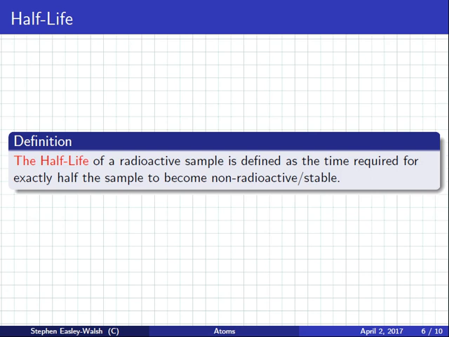When you have 100 atoms, you can have 50. When you have 50 atoms, you can have 25. When you have 25 atoms, you can have 12 or 13. If you have 12, you can have 6, 6 you can have 3, 3 you can have 1 or 2, 2 you can have 1, but then after 1, the process must end. So it doesn't continue infinitely. Yeah? Got that?